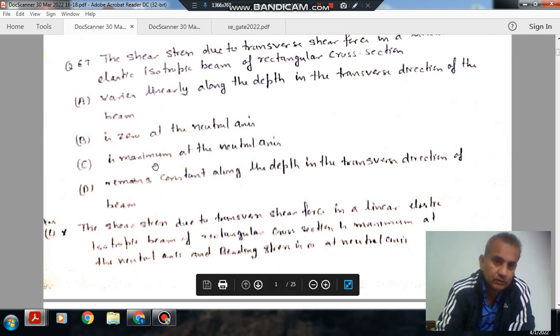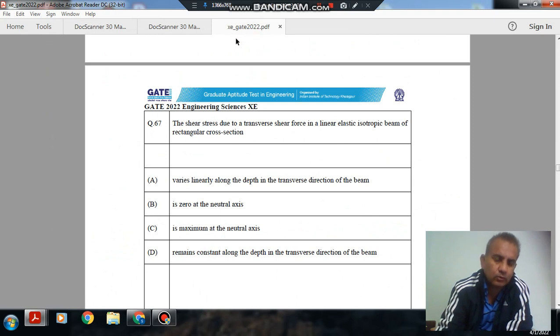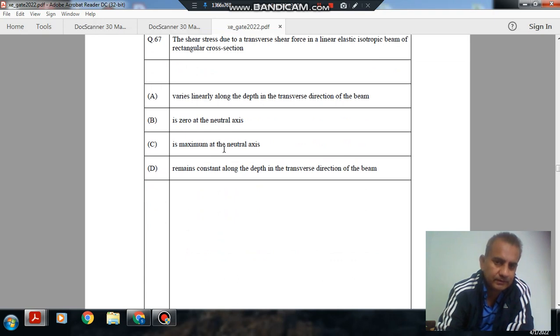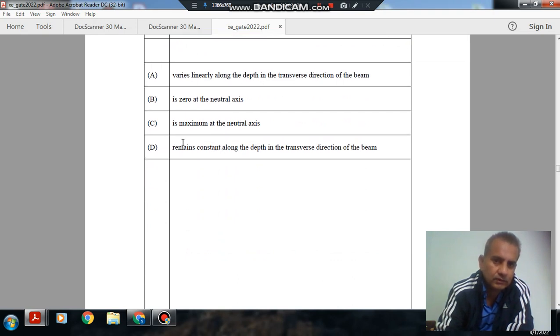So the answer is C. The shear stress due to transverse shear force in a linear elastic isotropic beam of rectangular cross section is maximum at neutral axis, and bending stress is 0 at neutral axis. That's why it is named neutral axis, because there is no bending stress on the neutral axis. So the answer is option C.